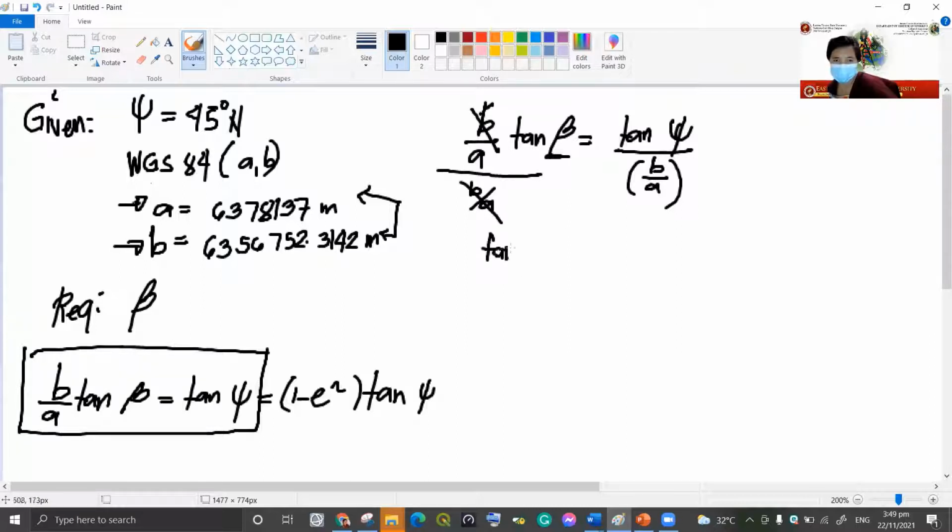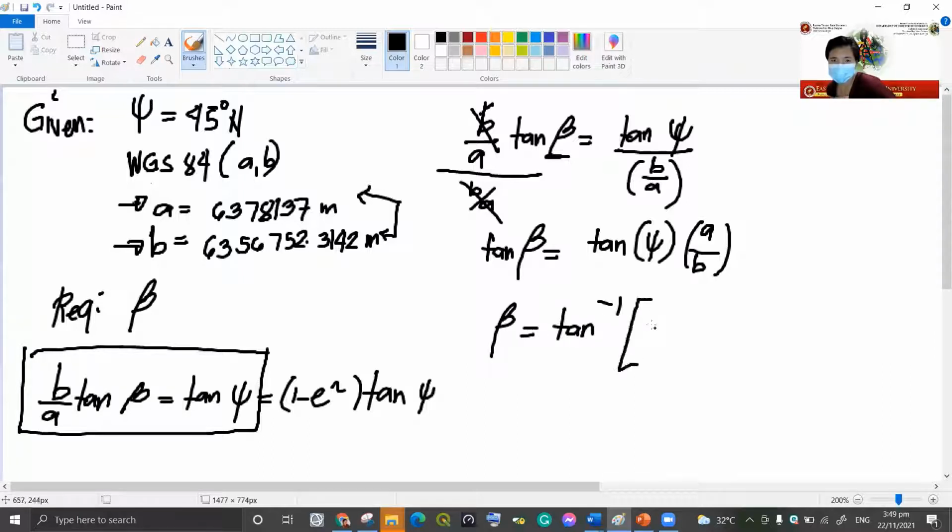So your tangent of the reduced is equal to tangent of the geocentric times A over B. So the reduced is equal to arctan of the product of tangent of, let's substitute the value, 45 degrees times A, which is 6378137, over B, which is 6356752.314.